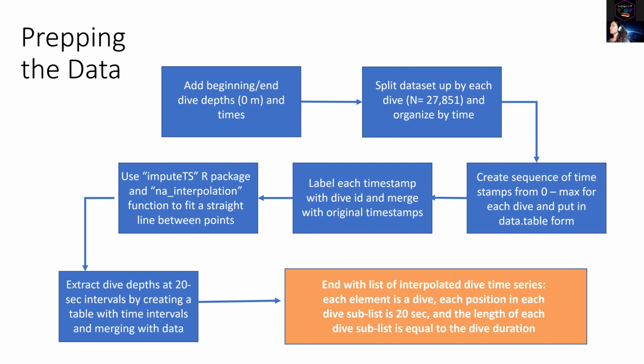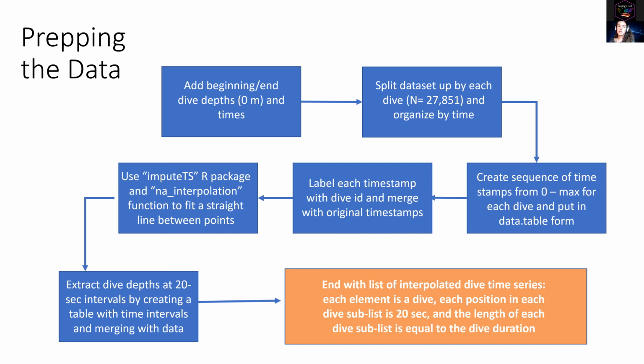Then I created a sequence of timestamps from 0 to the maximum timestamp for each dive and put that in data.table format. I labeled each timestamp with a dive ID, and then merged that back with the original timestamps. Then I used the imputeTS R package and its NA interpolation function to essentially fit a straight line between points. Even though these dive time series are allowed to be offset in time and length, they do need regular points.